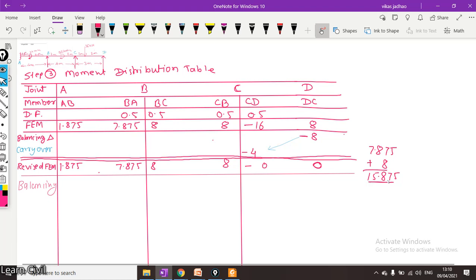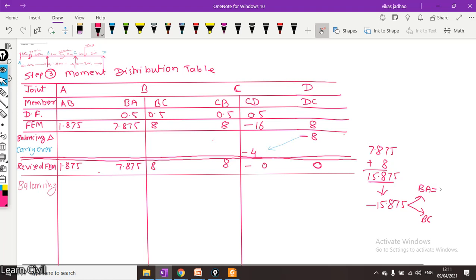So we apply a balancing moment of minus 15.875 at this particular joint B. This minus 15.875 will be shared by two members, BA and BC, in proportion to their distribution factors, that is 50% each, because the distribution factor is 0.5.